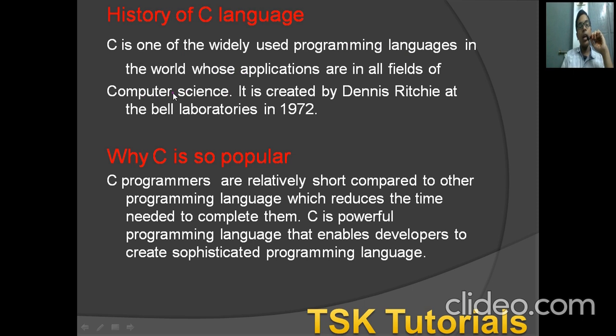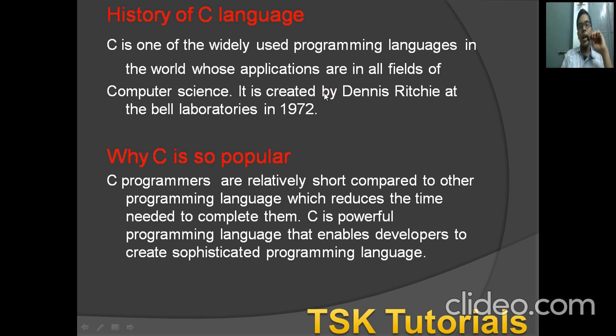C is lengthy, so if someone has to crack or hack it, a lot of lengthy programming is required, which is hard and takes a lot of time. So they use C, which is safer than other languages.